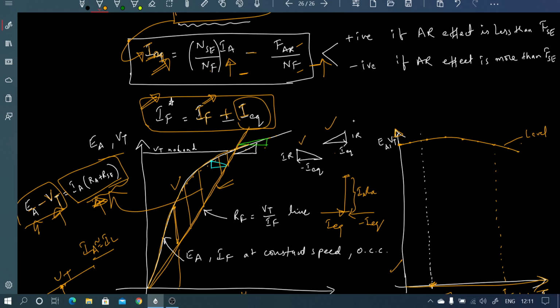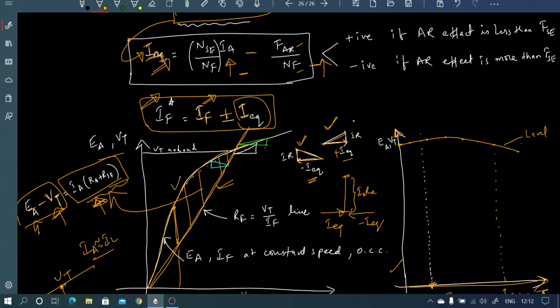If I equivalent is positive, then the IR drop plus I equivalent current gives this triangle. If I equivalent is negative, then I add this vectorially, IR drop and I equivalent current, and join this. These are the two triangles, based on the equivalent current being positive or negative. It can be either one for a given condition.